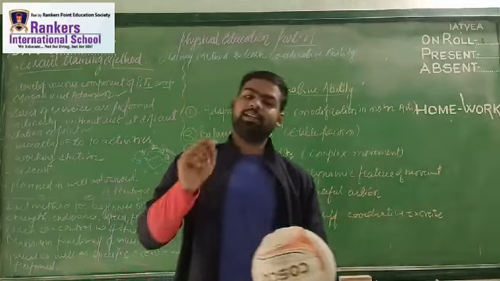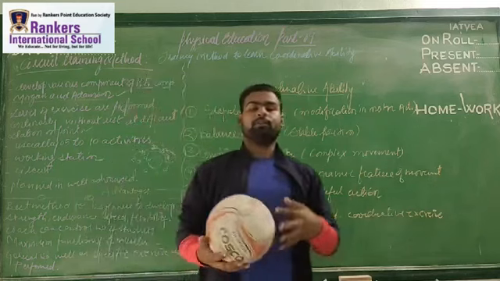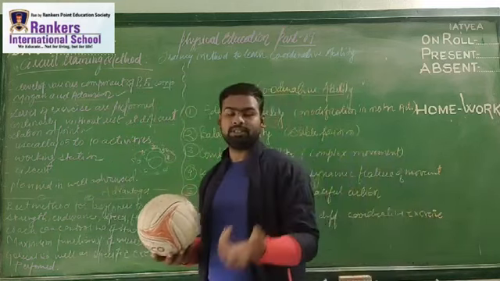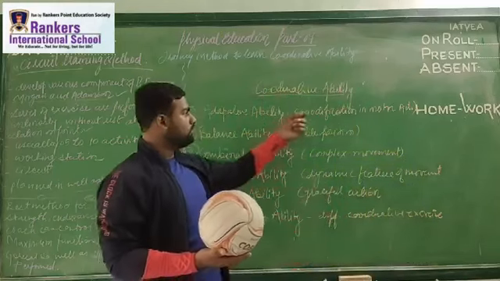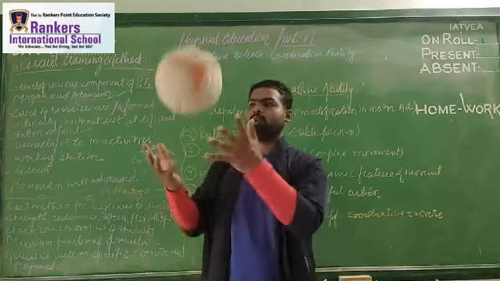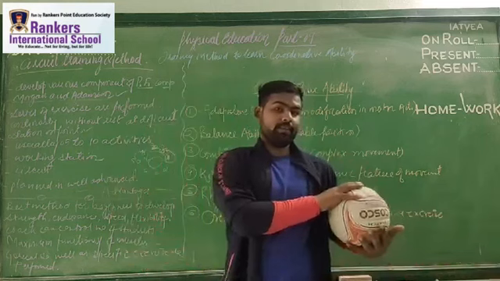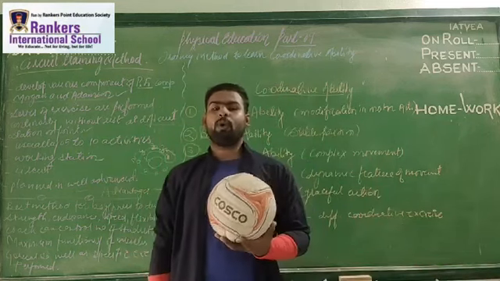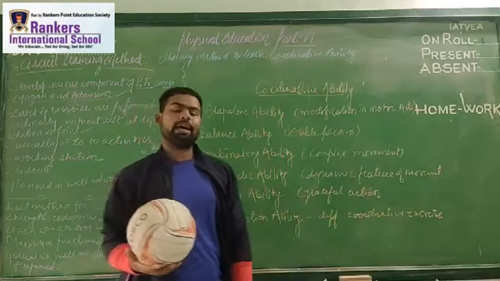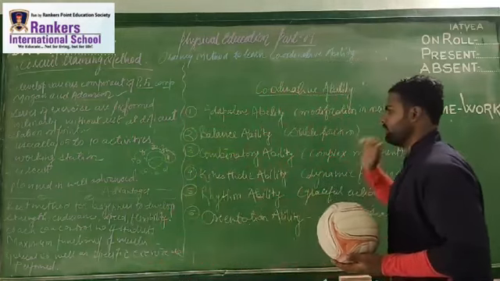What I did is adaptive ability, that I adapt my skills. I know the ball is coming this way, and when it suddenly comes here, I catch it again. This is called adaptive ability, to do adaptation, to do modification in the motor activity.